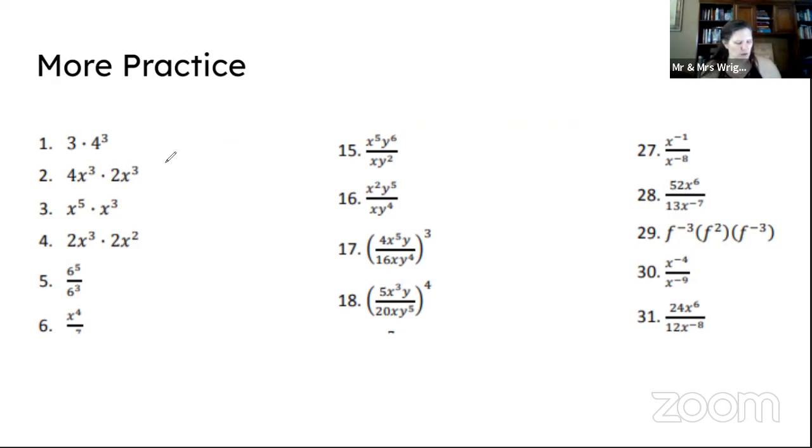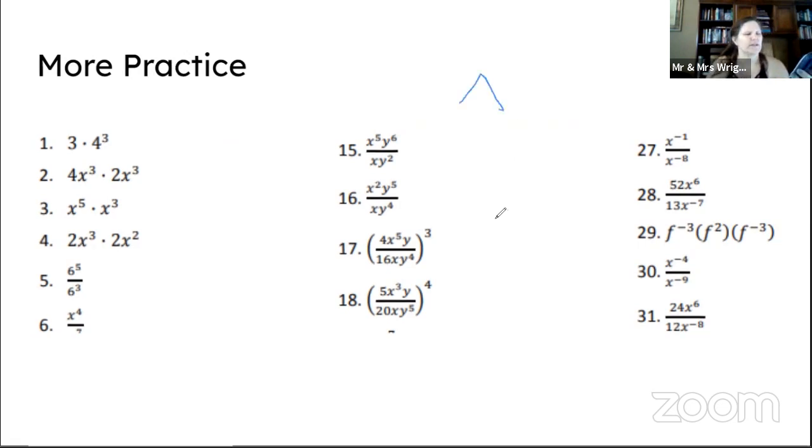And so when you have your calculator, you're going to do 3 times 4. And then there's a caret button. The caret button is going to look like this on your calculator. Mine happens to be right there, but every calculator is different. A caret button allows us to enter a power other than just squared, okay?